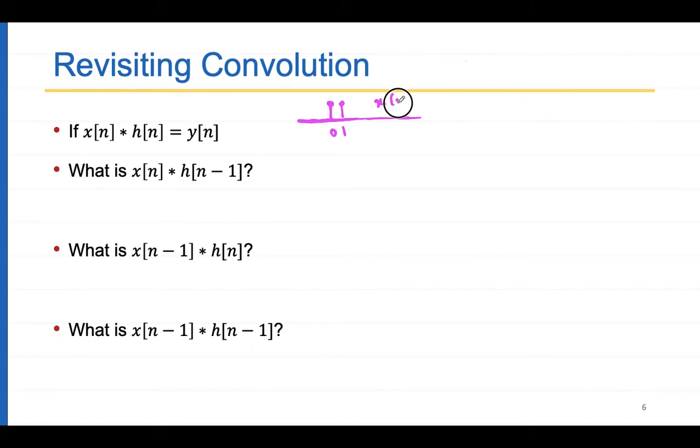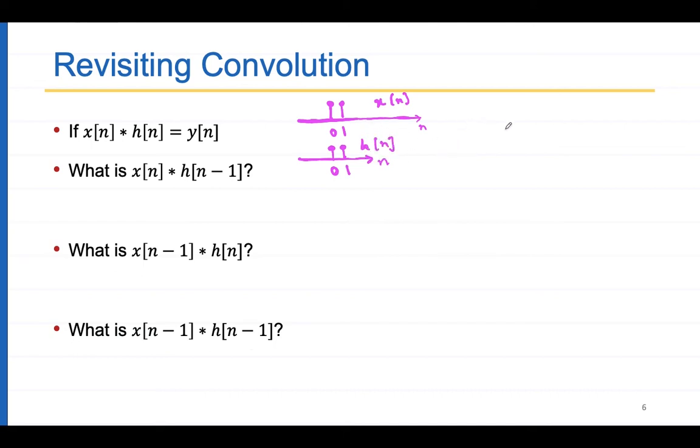This is my x of n. And my h of n is something like this, which is 0, 1, n. This is my h of n.